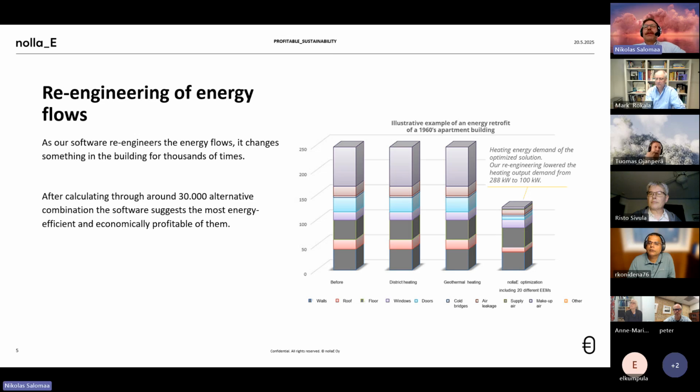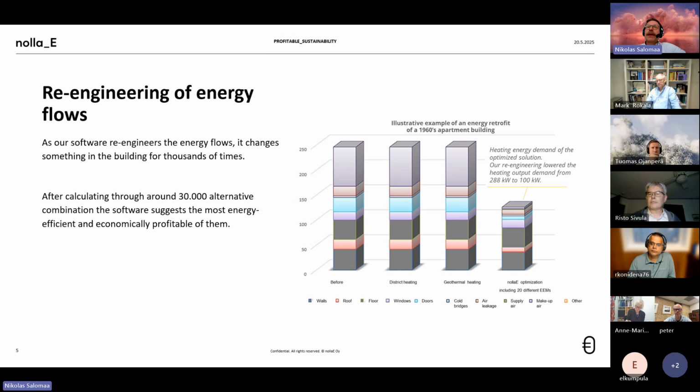Yeah, this software changes that. When you're talking about doing one energy efficiency measure, for instance, changing the light bulbs, then the low-hanging fruit is to change the light bulbs. But the problem with changing the light bulbs is that they will not make the building carbon neutral. They will save some energy, but somewhere around 5% or something like that.